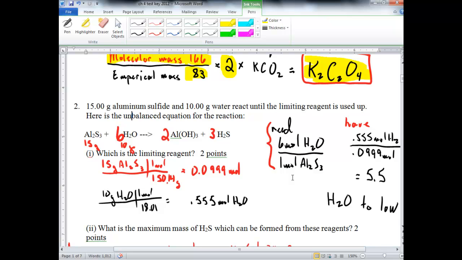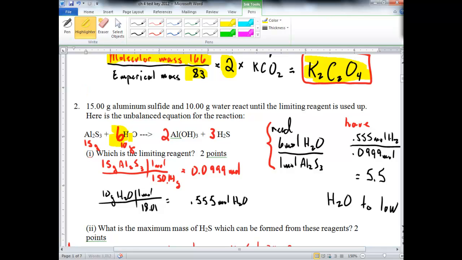Question number 2 is a stoichiometry problem where we're finding the limiting reactant and then finding some other questions about that limiting reactant. So part I, which is the limiting reagent? Well, notice here we've balanced our chemical equation.